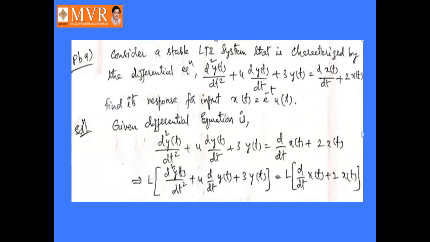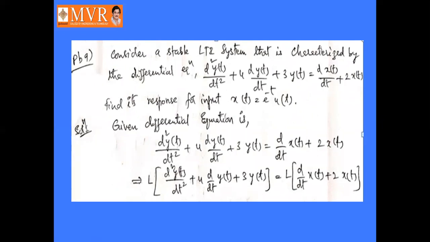Consider a stable LTI system that is characterized by the differential equation d square y of t by dt square plus 4 into d y of t by dt plus 3 into y of t is equal to d by dt of x of t plus 2 into x of t. This is the differential equation.